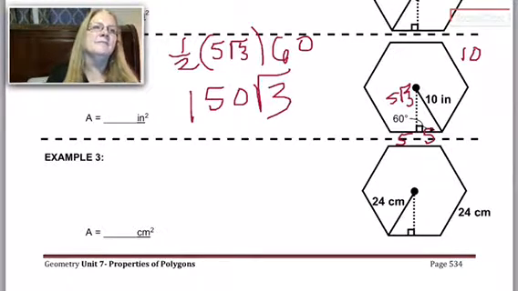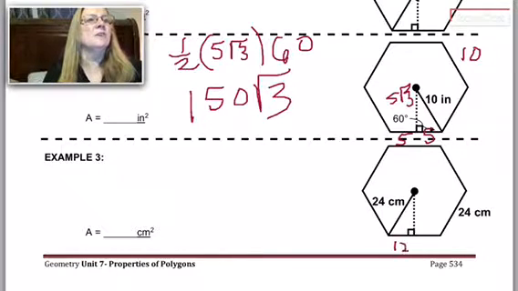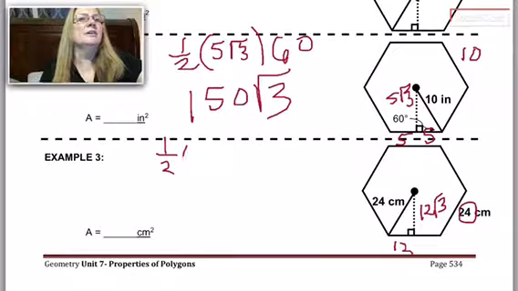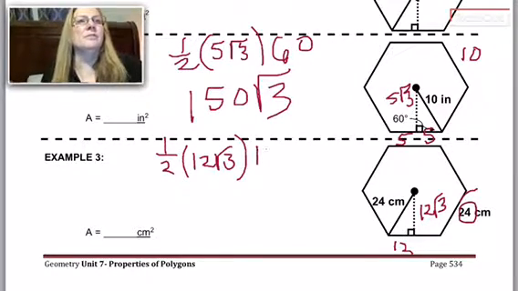Example 3, same thing. 2x is 24, so x is 12. So the apothem is 12 square root of 3. This side is 24, so we have 1/2 times 12 square root of 3 times the perimeter. There's 6 sides, so 24 times 6 is 144.